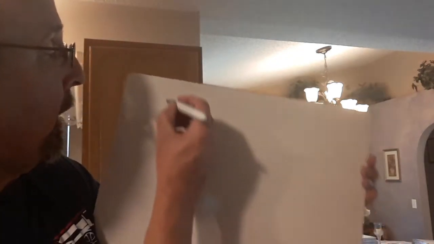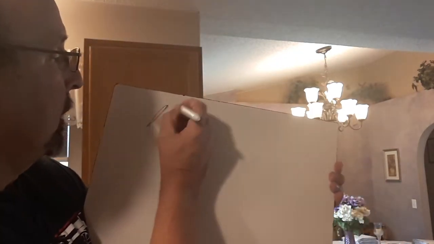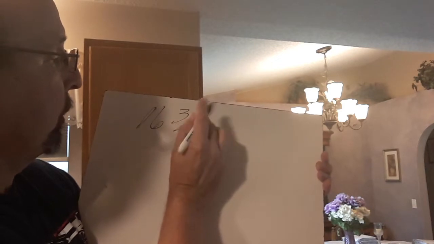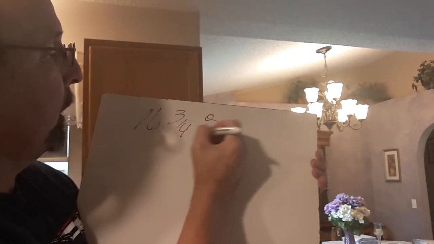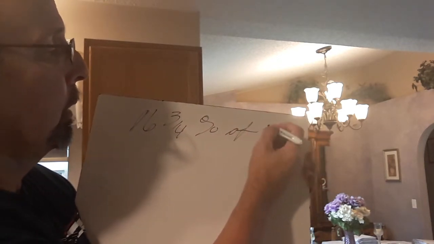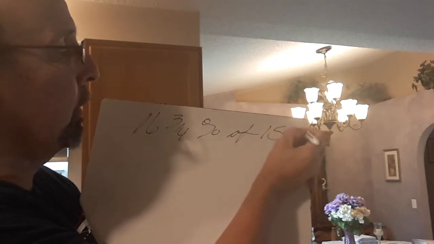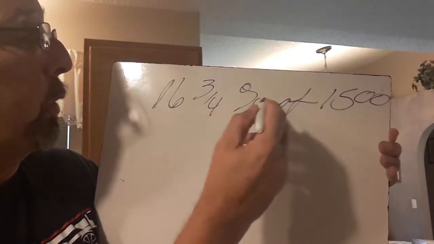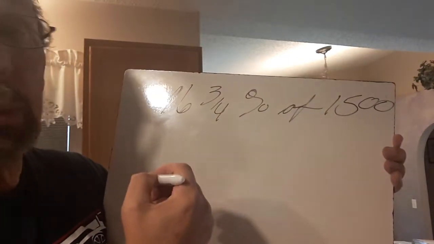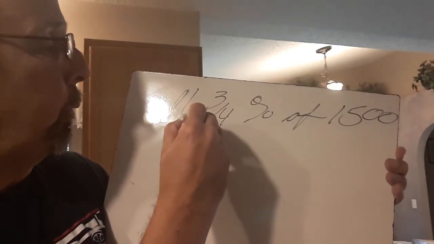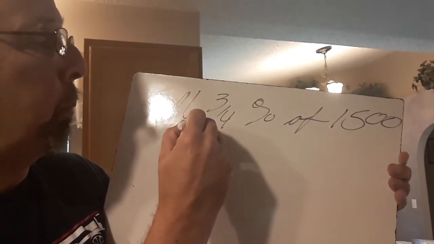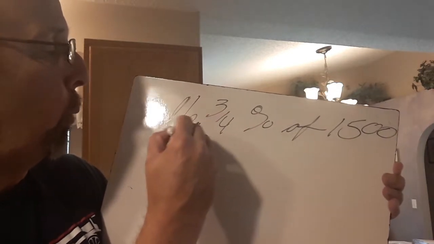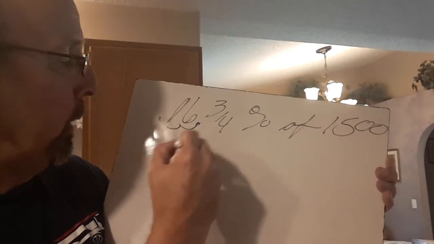Right? Let's see. You've got percent. Say I have 16 and 3/4% of 1,500. I'm going to take this 16 and 3/4%, change the percent to a decimal and multiply. Change it to a decimal by starting here at the end of the whole number, not at the end of the fraction, the end of the whole number, 0.16.